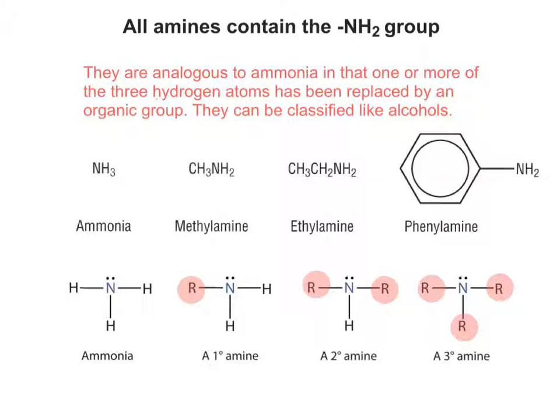And it's very similar to the classification of alcohols. So if you've done alcohols already in your first year, you'll know how to classify alcohols, so it's exactly the same idea going on here.